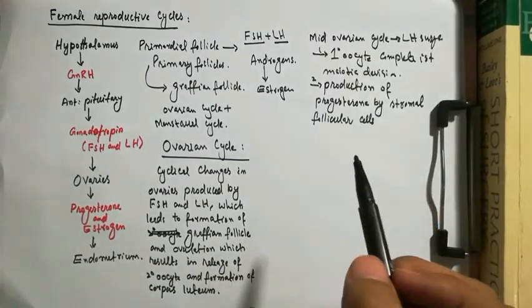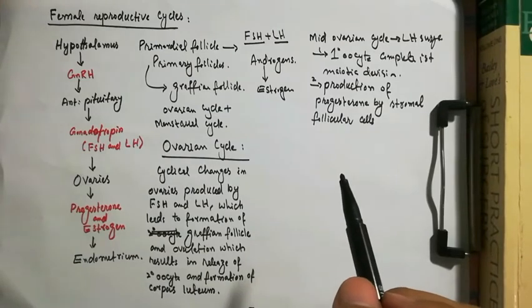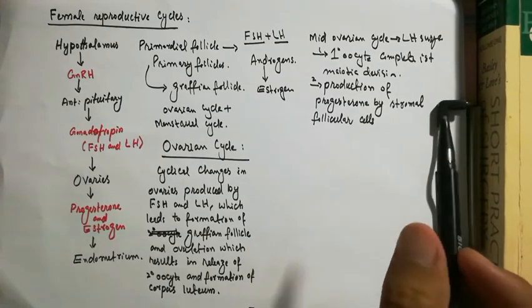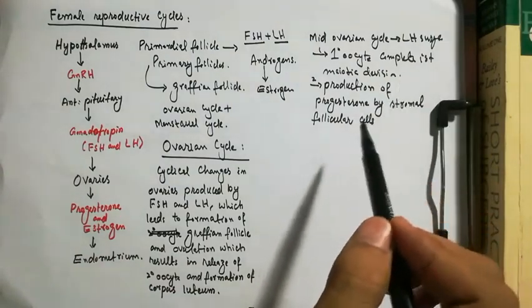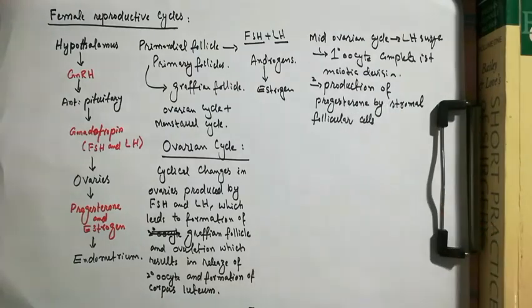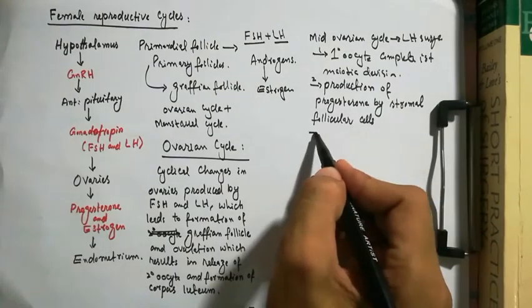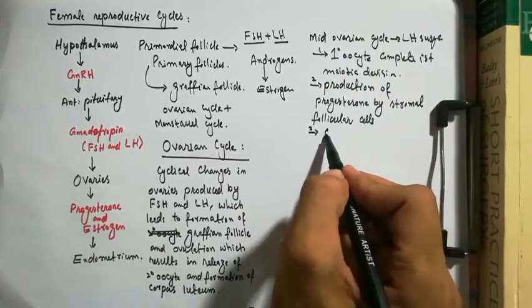Some stromal cells of ovary near the follicles are transformed into follicular cells, and under the influence of luteinizing hormone, these stromal follicular cells secrete progesterone. Number 3, luteinizing hormone surge induces ovulation.